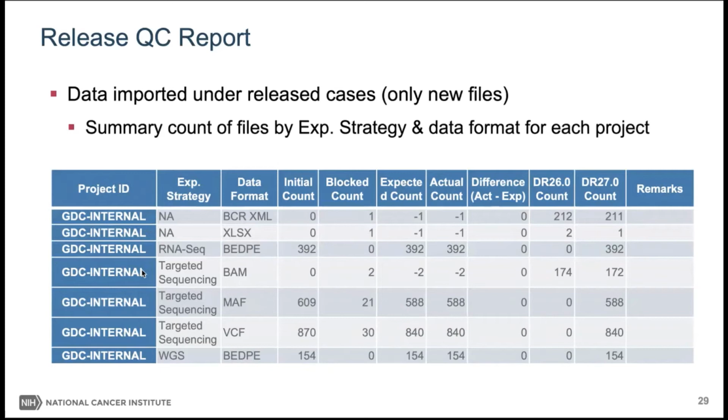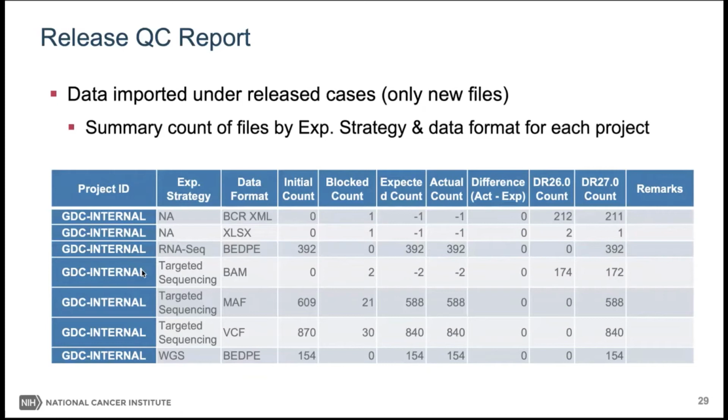This is the count of new files that are expected to be available in the new indices. The actual count is the actual count of new files found in the new indices, and the difference is calculated between actual and expected. Generally, the difference is expected to be 0.